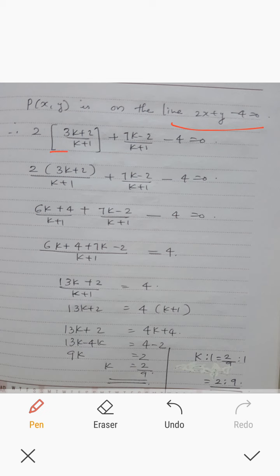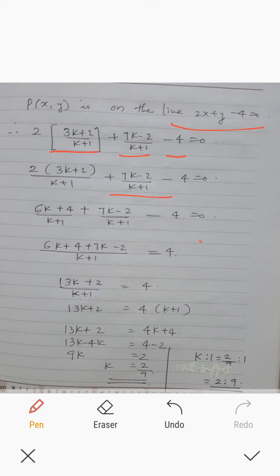Instead of x, substitute the x value: 2 into (3k + 2) by (k + 1), plus y is (7k - 2) by (k + 1), minus 4 equal to 0. So that can be written as 2 into (3k + 2) by (k + 1) plus (7k - 2) by (k + 1) minus 4 equal to 0.